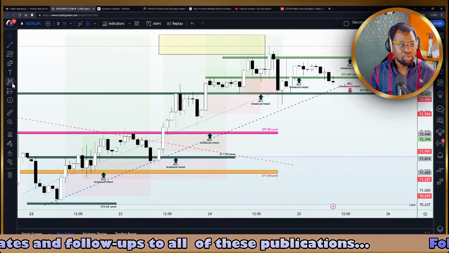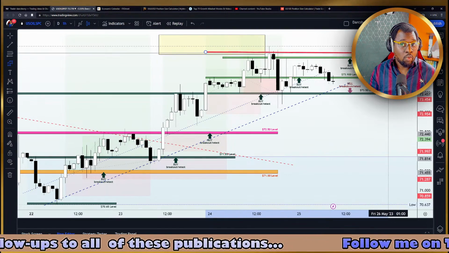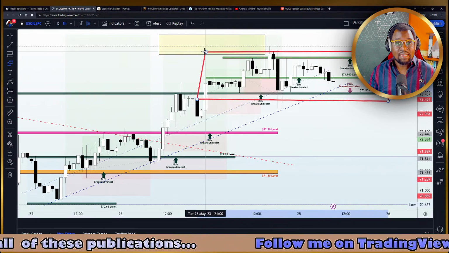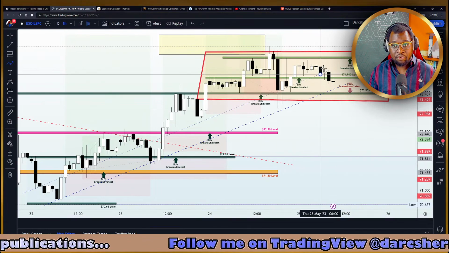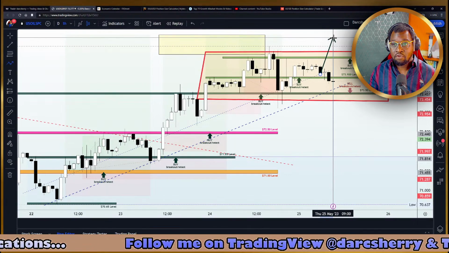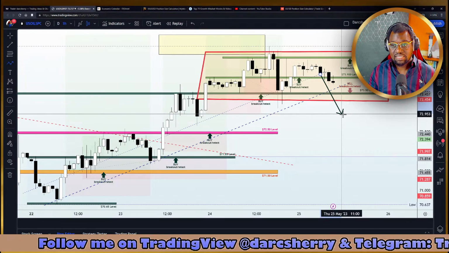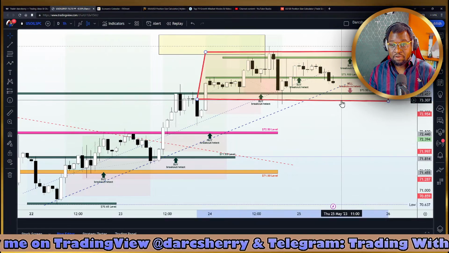And you all know how we do it. Whenever we have this kind of simple flat channel, all we want to do is remain patient, waiting for a signal in the form of either a breakout of the resistance line for a buying opportunity, or a breakdown of the support line for a selling opportunity. So it's very important that we remain very patient.